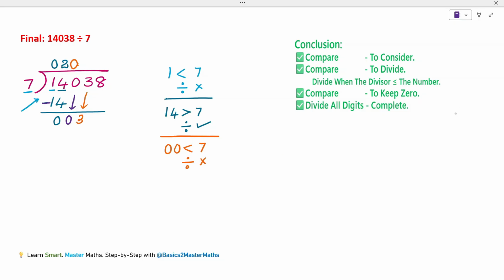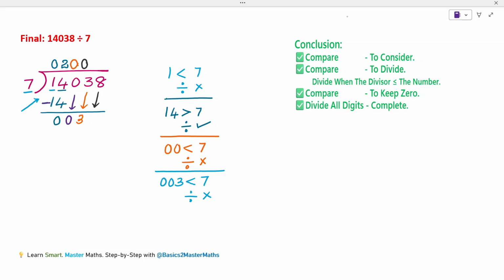Now, the number formed is 3, which is again smaller than the divisor 7. Hence, you cannot divide. Therefore, keep 0 in the quotient and bring the next digit down.